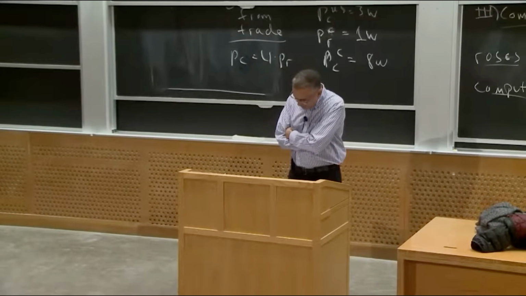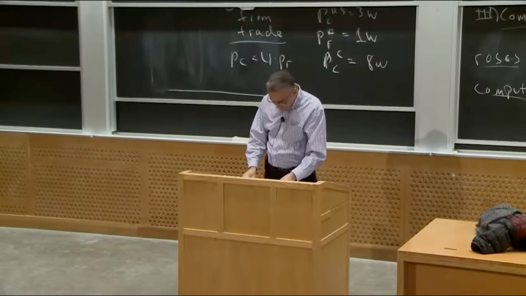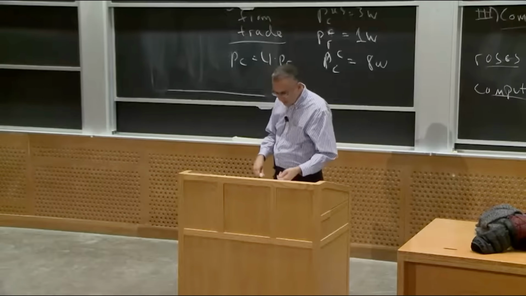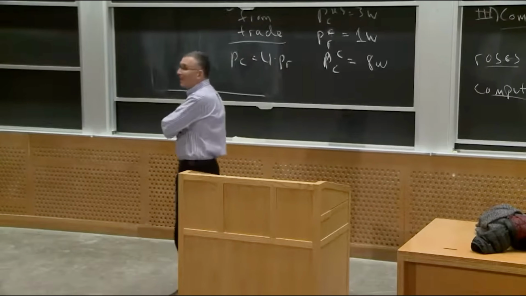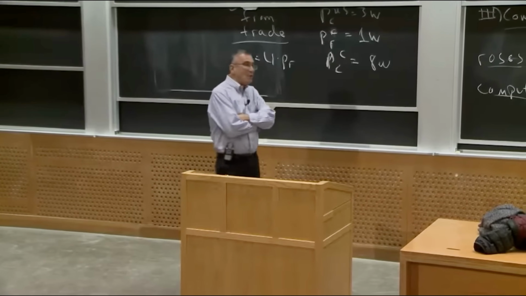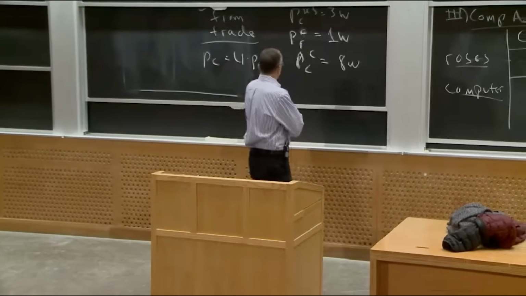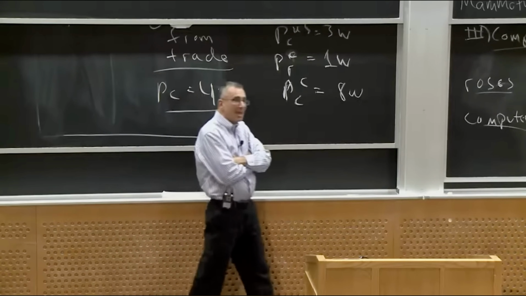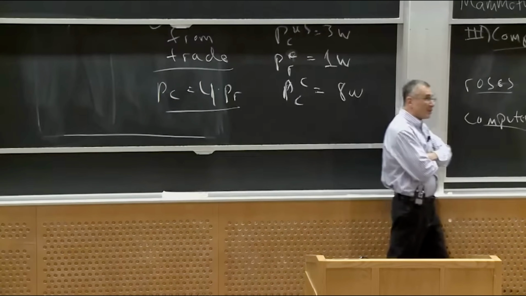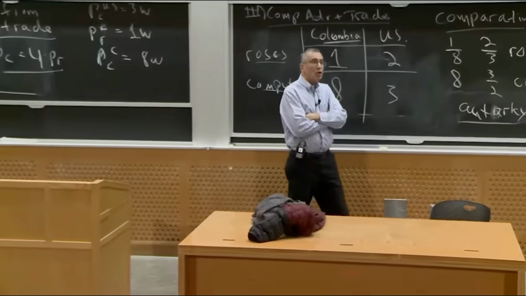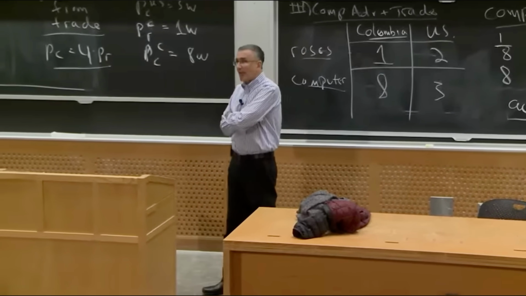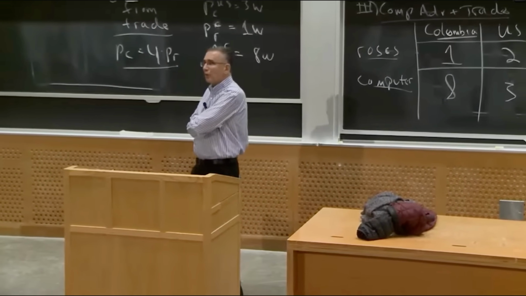Basically, what this means is, with a price ratio of 4, as long as countries want some of what the other country has, you are better off with free trade than with autarky. And that's the proof.